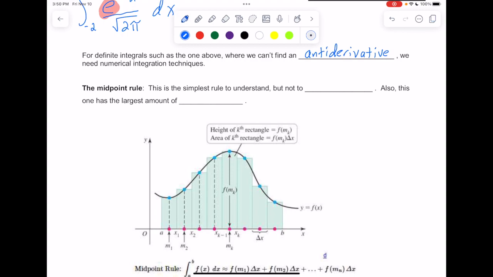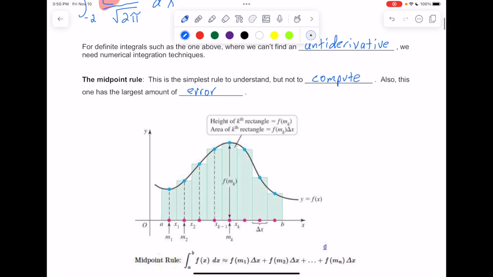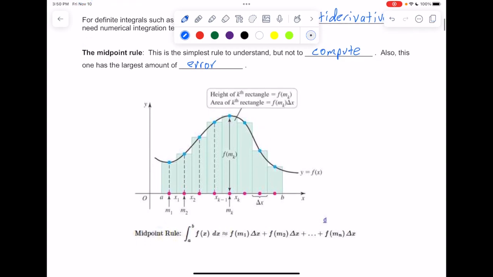So this is the simplest rule to understand because we've already gone through it, but it's not that easy to compute. None of these are, sadly, but it's also the one with the largest amount of error typically. So even though this is a nice easy one to understand, it's not one we would want to use most of the time because it has a little bit too much error in it.